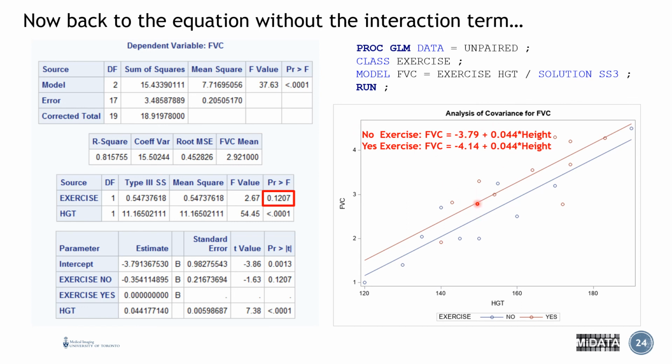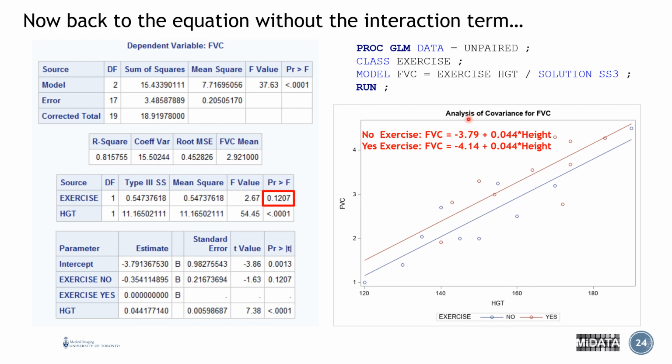And here you'll see, though, that the two lines are perfectly parallel. And the reason for that is because we've excluded the interaction term. And because of that, we're assuming that they are actually parallel.